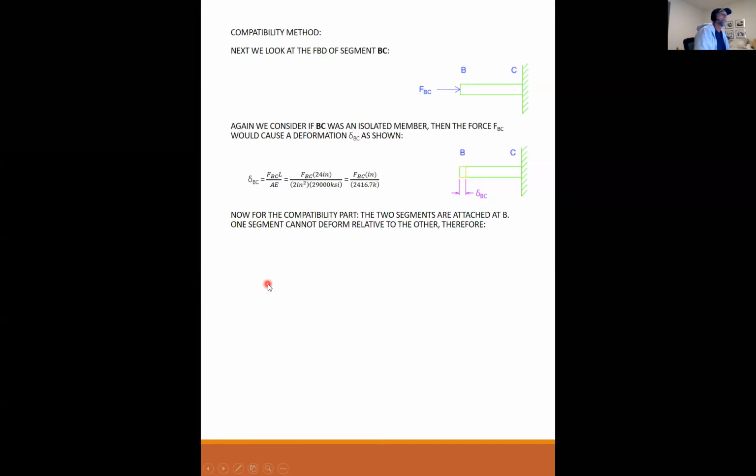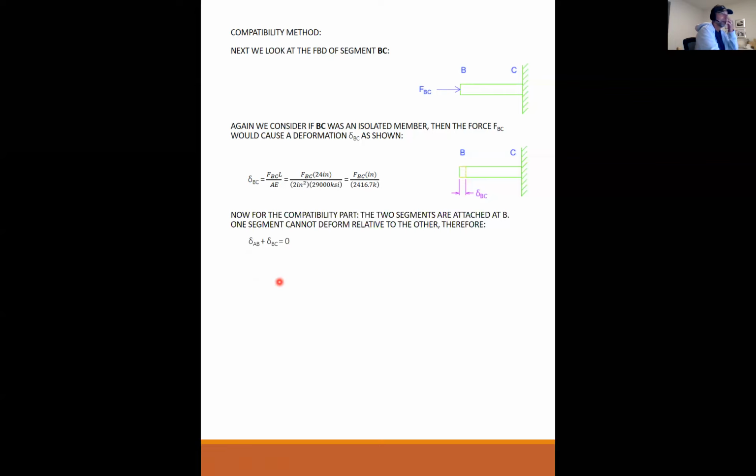Now for the compatibility part. The two segments are attached at B. They cannot deform relative one to the other. So that forces that the deflection at AB plus the deflection at BC has to equal 0. They can't differ one from the other, so they have to equate to 0.